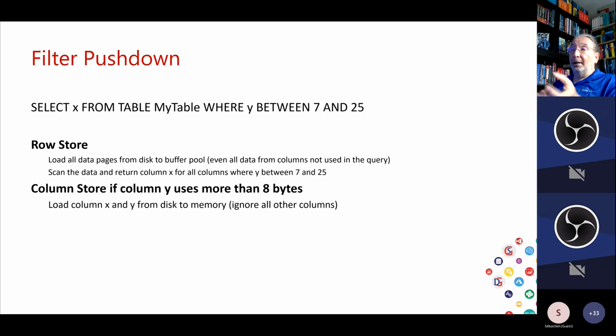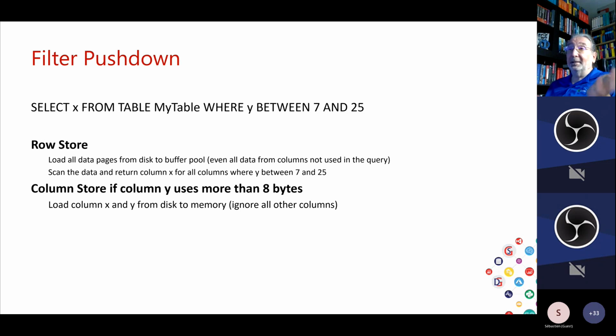In a column store, if the column's data type is 8 bytes or less, it can apply a filter while returning the data to the query processor. So let's imagine in a row group, you only have 2 rows that match that filter. Instead of giving you back the 1,048,576 rows, and you have to ignore most of them, it only returns you 2 rows to work with.